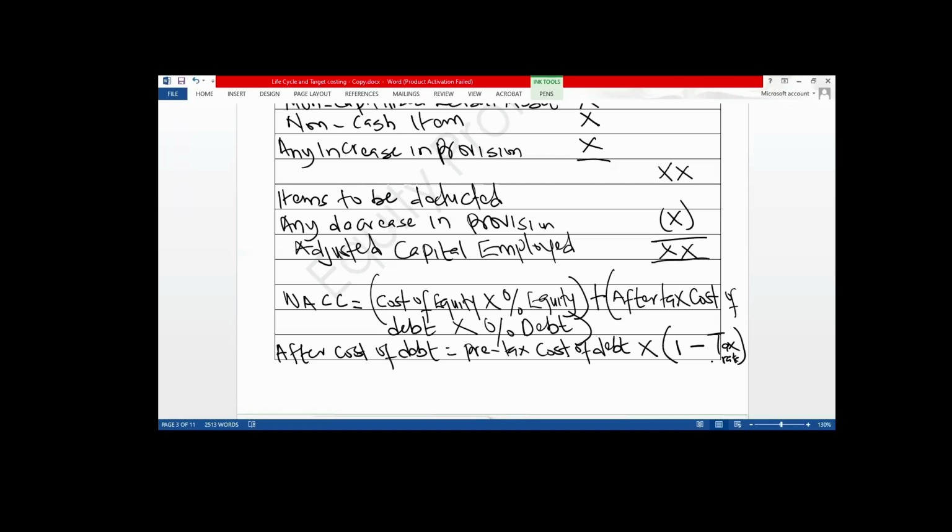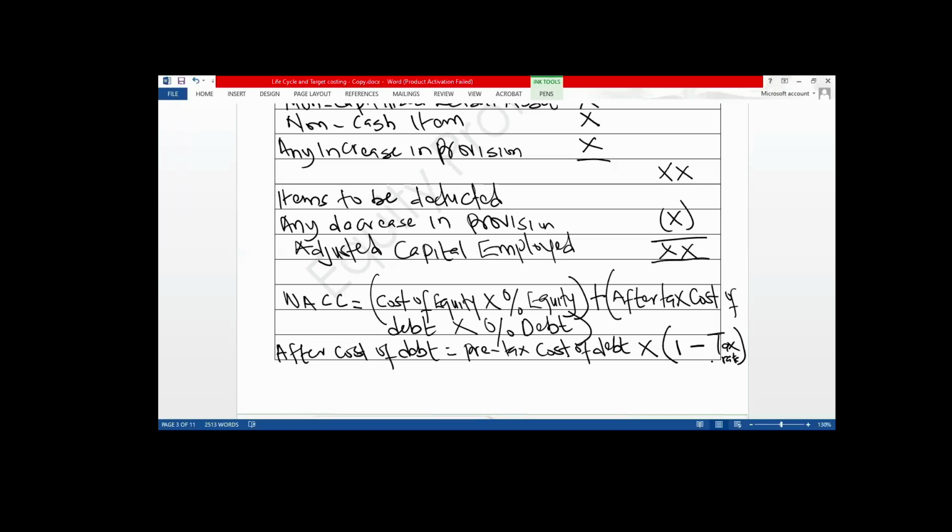Net operating profit after tax is determined by taking the profit after tax, add back accounting depreciation, add back provision for doubtful debt, add back provision for deferred taxation, add back other provisions, add back non-cash items, add back interest paid net of tax, add back research and development costs, add back goodwill amortized.